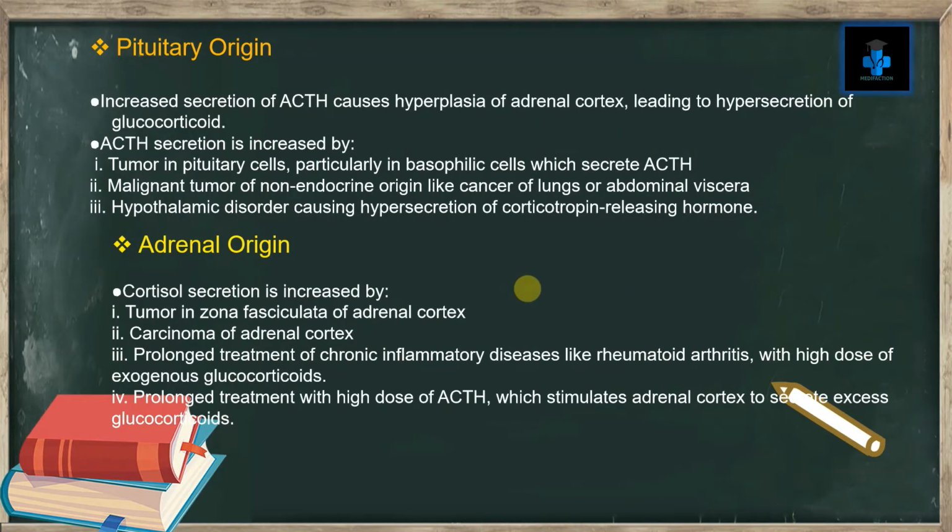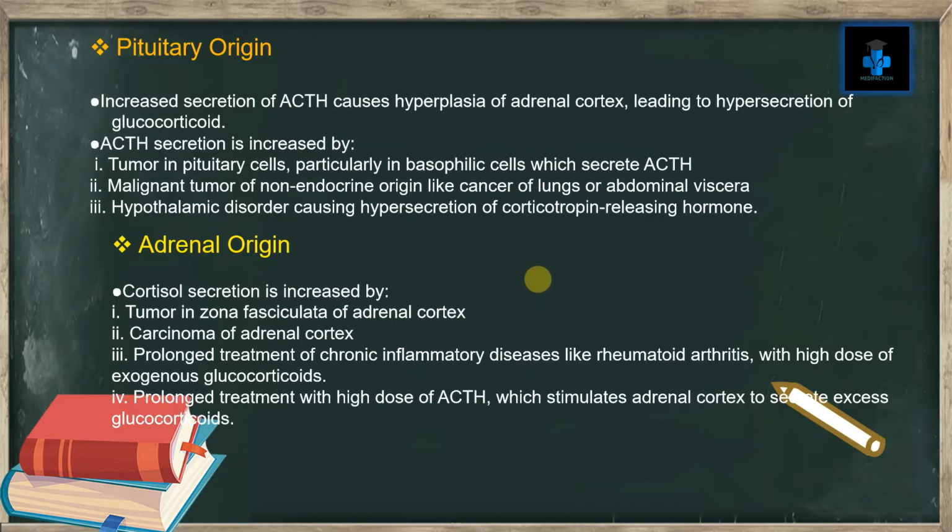Pituitary origin. Increased secretion of ACTH or adrenocorticotropic hormone causes hyperplasia of adrenal cortex, leading to hypersecretion of glucocorticoid. ACTH secretion is increased in number 1.